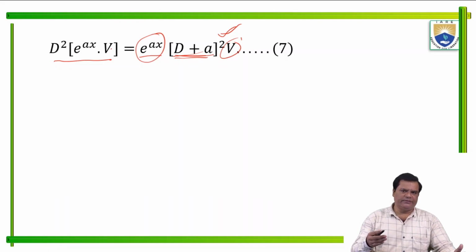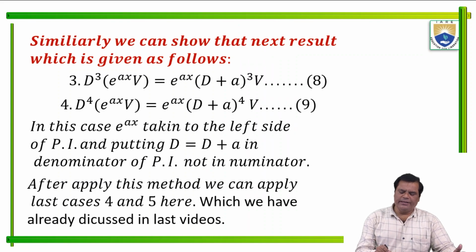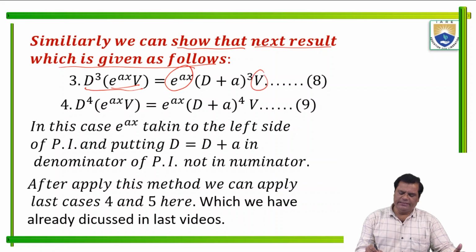Second differentiation, we again see this. Now, similarly, we can show the next result, which is as follows. Again, D cubed, 3 times differentiating this function. So here again we get e to the power ax on the left side and v on the right side, and D equals D plus a whole cubed.